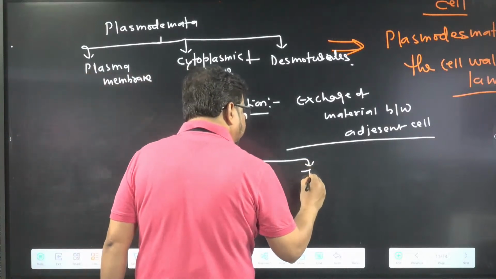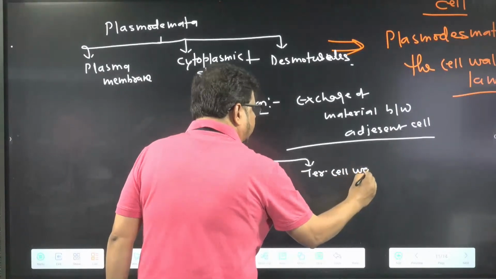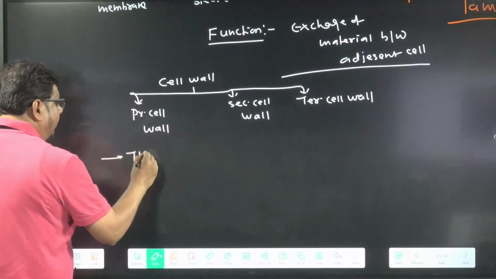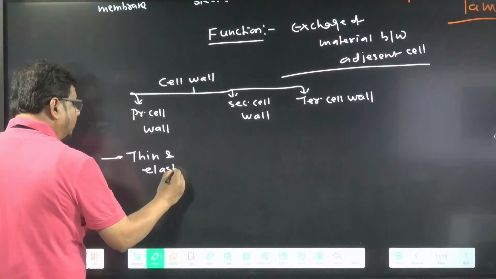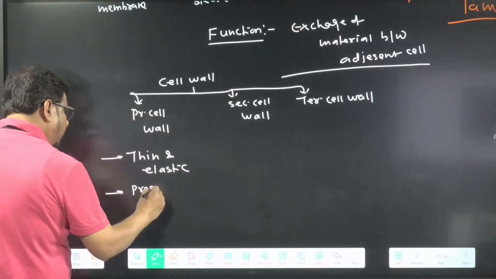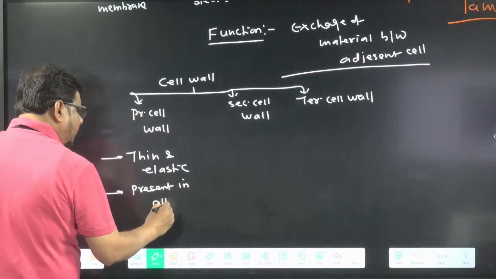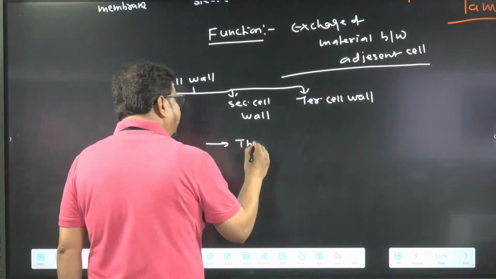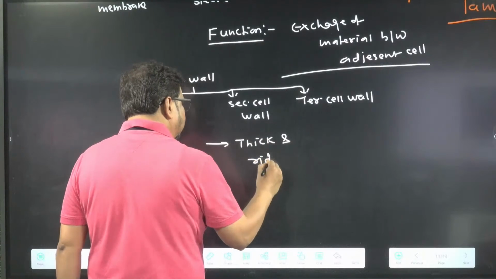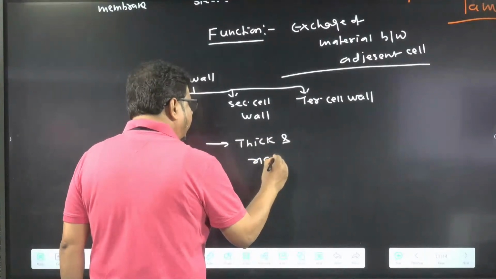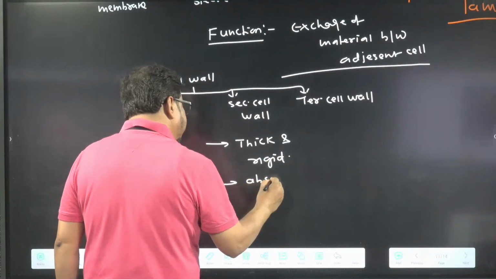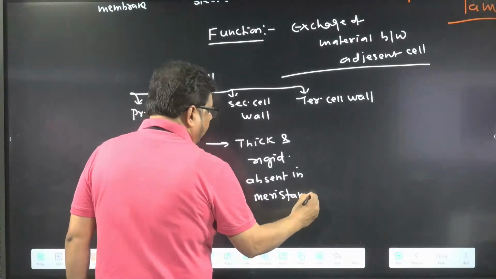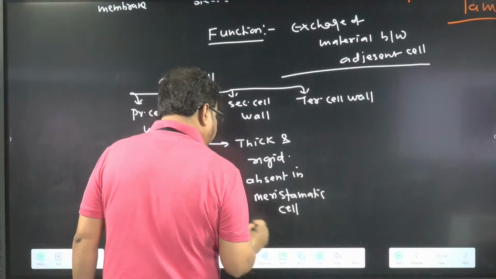If we talk about the primary cell wall, it is thin and elastic, present in all plant cells. The secondary cell wall is thick and rigid, absent in meristematic cells. Got the idea?